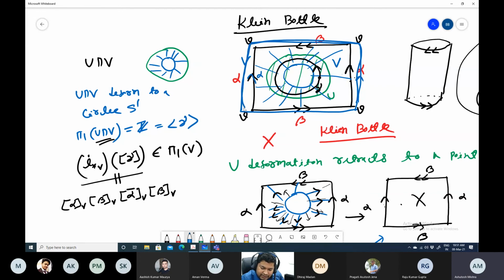So therefore alpha inverse and then again it is beta. So this circle is homotopic to alpha, from here to here, you can start from this point. So this is alpha, beta, alpha inverse, beta inverse.